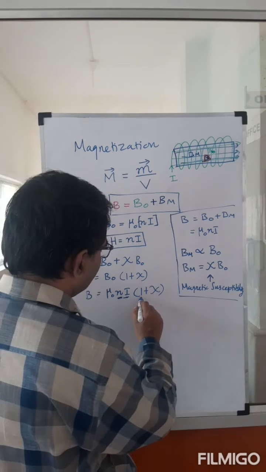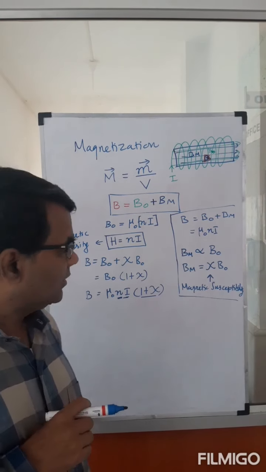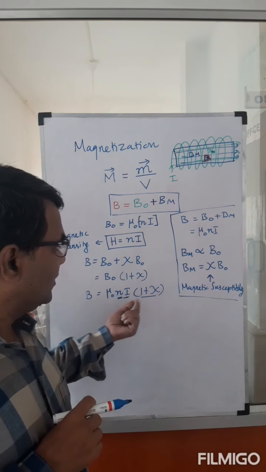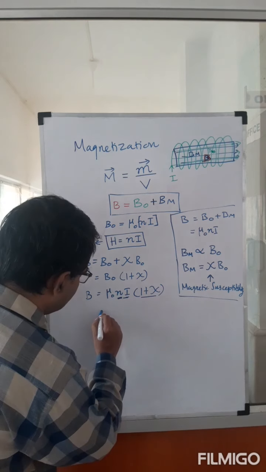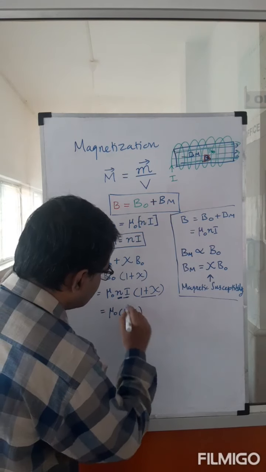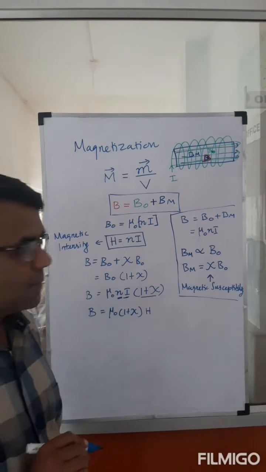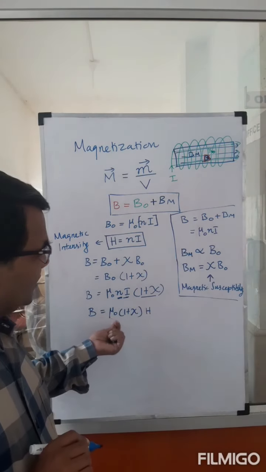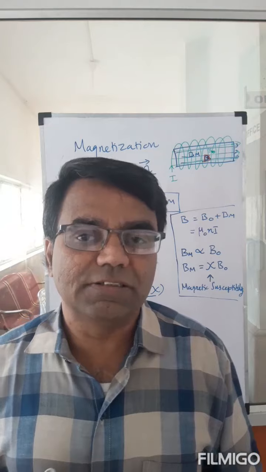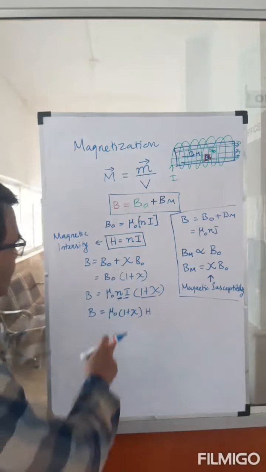And this, let's see, 1 plus psi. Mu naught is the permeability of free space, and this 1 plus psi I can call the relative permeability, like the relative permittivity in electricity, and this would be mu r.